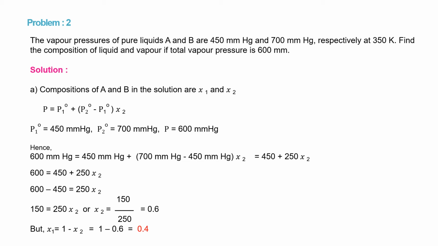See, 2 is the representation for solute and 1 is for solvent. So this sum is based on your Raoult's law concept.